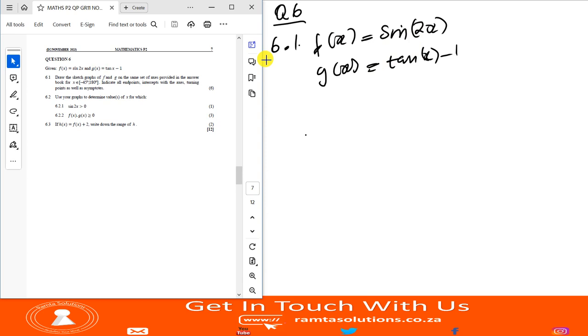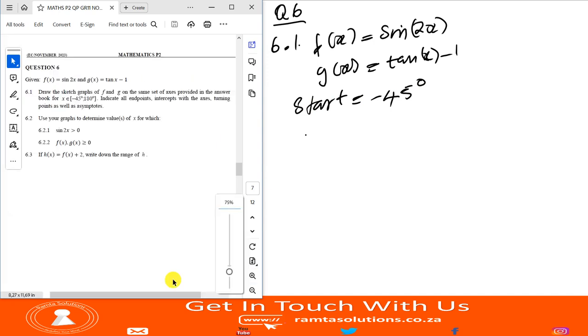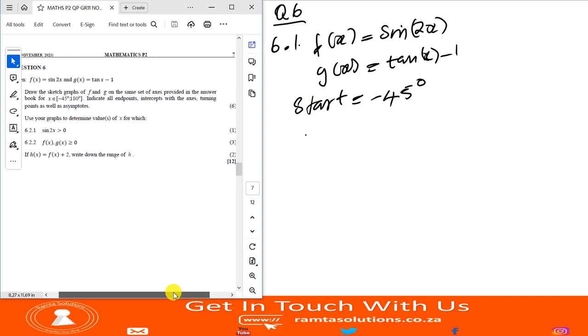So sin open bracket 2 alpha x close bracket, and then tan open bracket alpha x close bracket minus 1. Then your start will be negative 45, and your end will be 180.